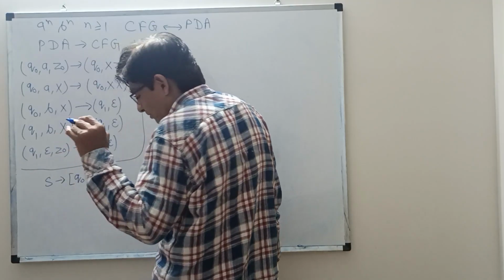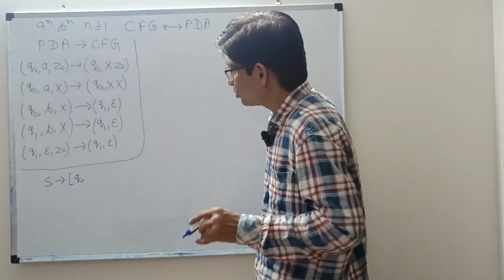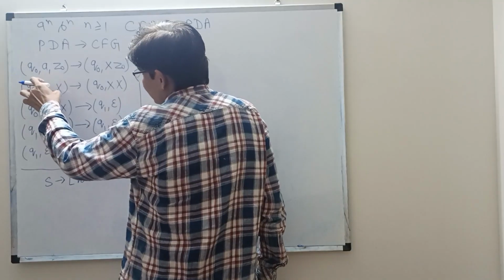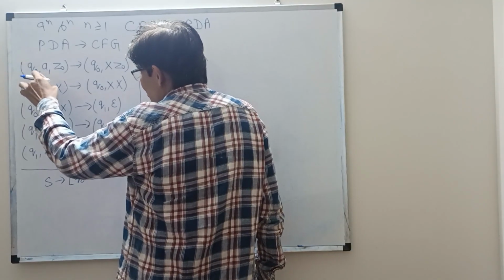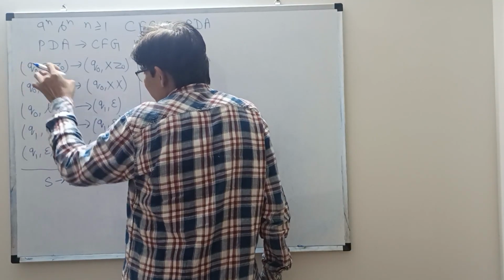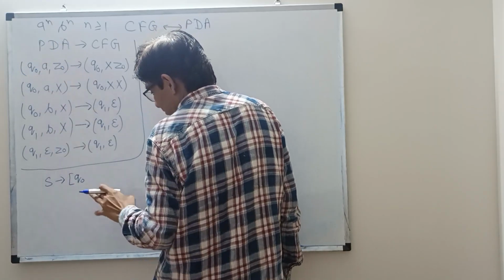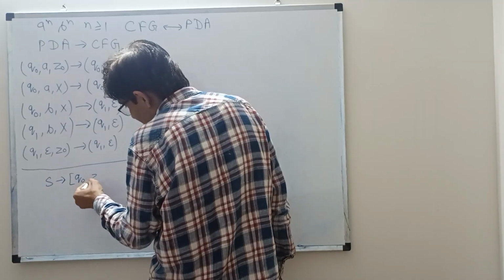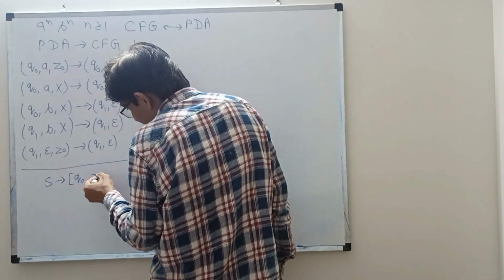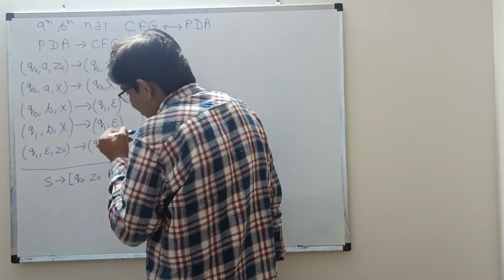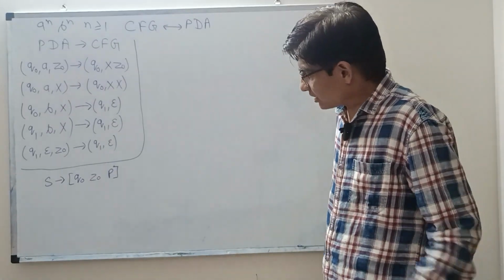As our initial state is Q0, you can see in the first transition that the current state is q0, so it would be considered the initial state. The initial state is q0, and this is the initial stack symbol, so this would be the format of all productions of the start variable.